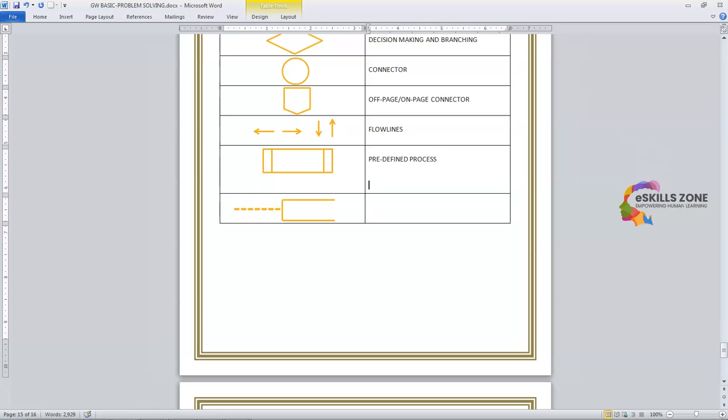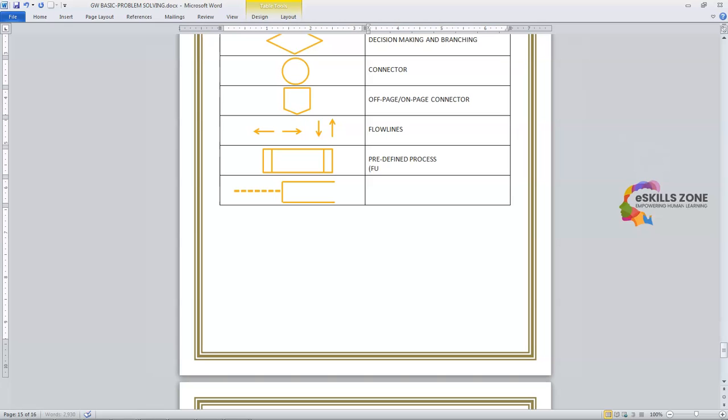Predefined processes you can call functions or subroutines. Each and every function has its own specific functionality and performance. And this one is used to give remarks. If you want to give some remarks, then you can use this symbol. It's used very rarely, but if it is required, you can always draw this one as well.